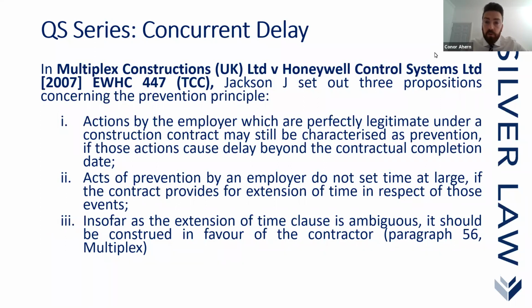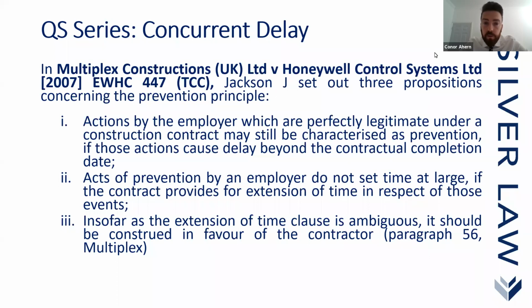Justice Jackson set out three propositions concerning the prevention principle. The first proposition was that actions by the employer, which are perfectly legitimate under a construction contract, may still be characterized as prevention, if those actions cause delay beyond the contractual completion date.